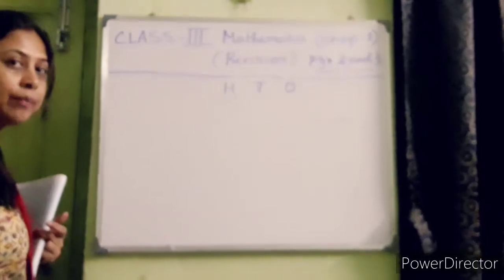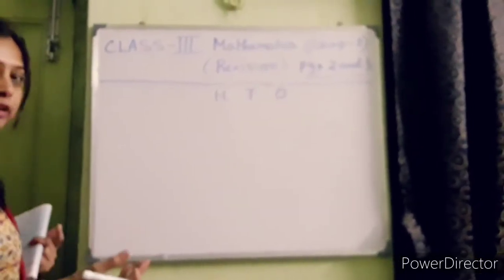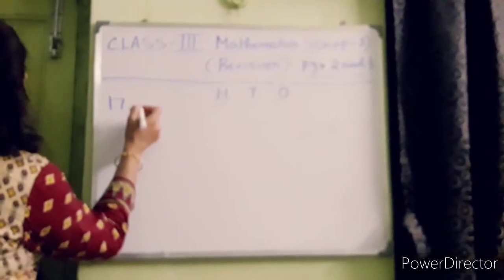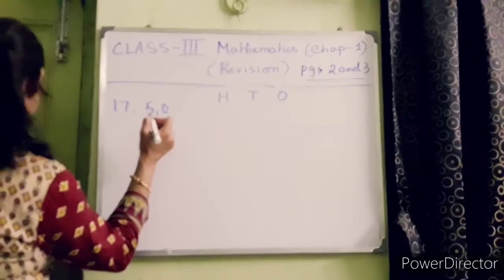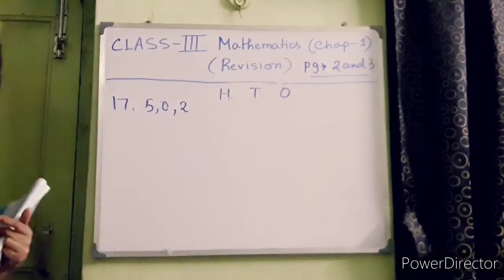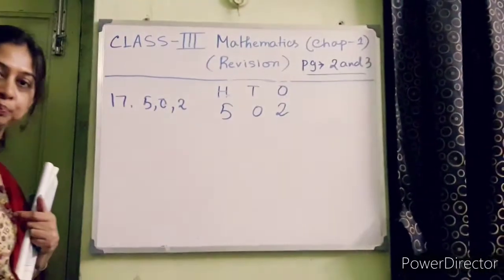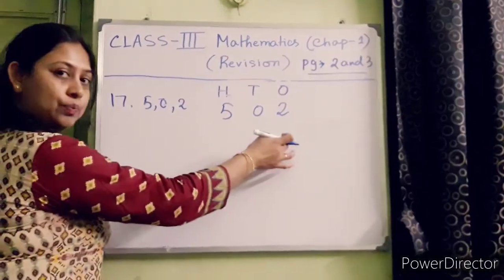Question number 17. In the same way you will make 3-digit numbers using the digits 5, 0 and 2. First you put the digits 5, 0 and 2. So 502.